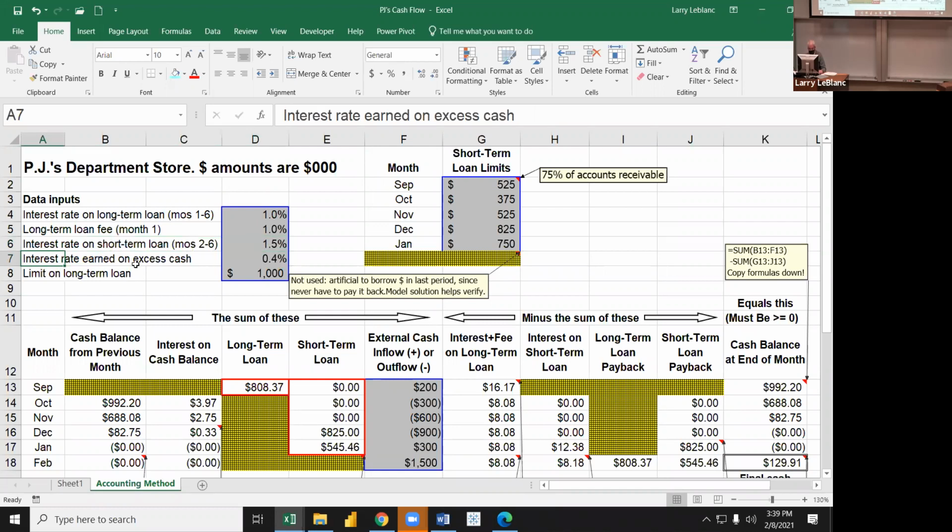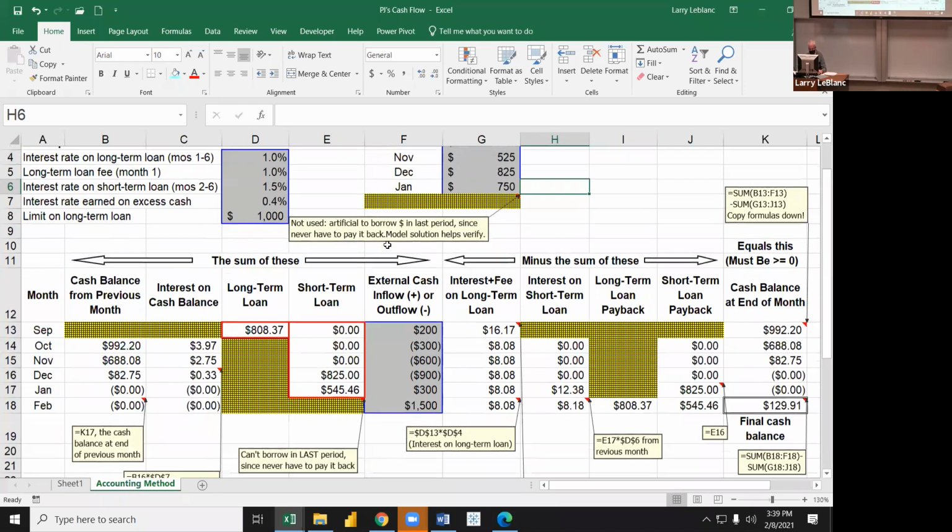Interest rate earned on excess cash, 0.4%. The limit on the long-term loan is $1 million. We're talking units of $1,000. So 1,000 is the limit on the long-term loan, the big loan. The short-term loan limits are 75% of accounts receivables, which are given.